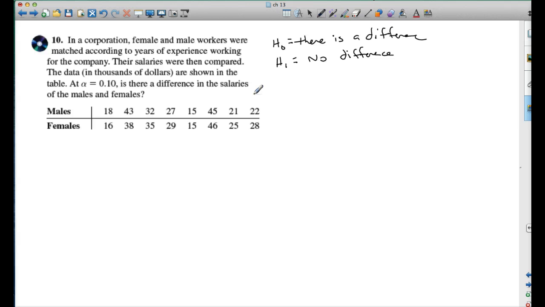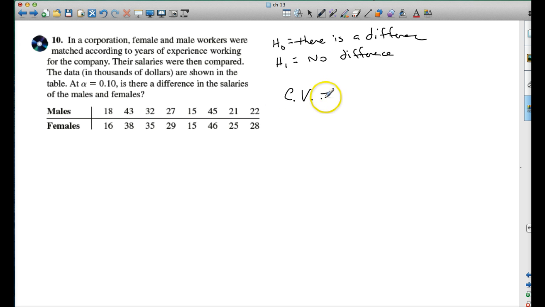At alpha 0.1, table K, the first chart, n is 8. So 6 is our critical value.